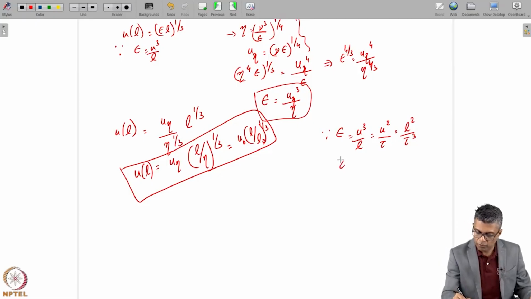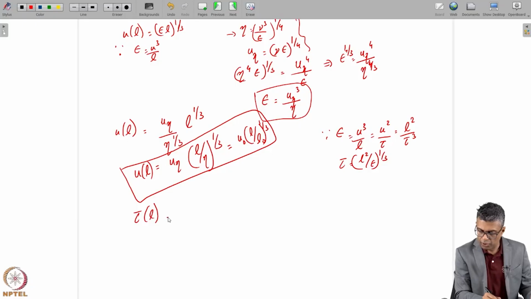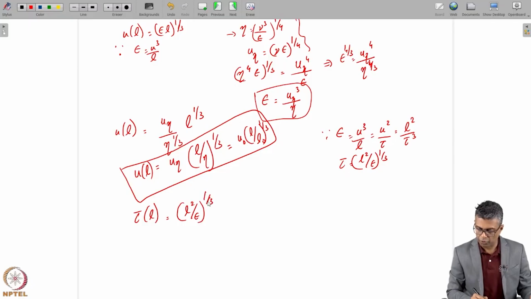Or tau is equal to L squared over epsilon to the 1/3. And this is what I'll use. So tau of L is equal to L squared over epsilon to the 1/3. That is what I'm going to use.